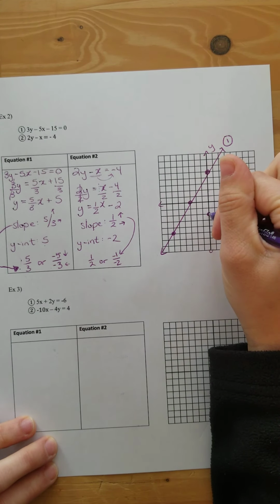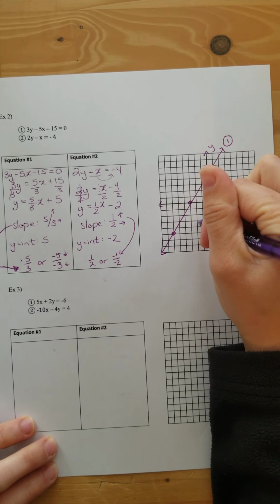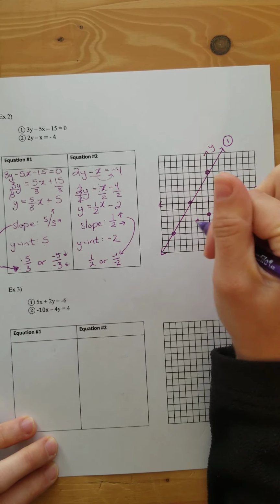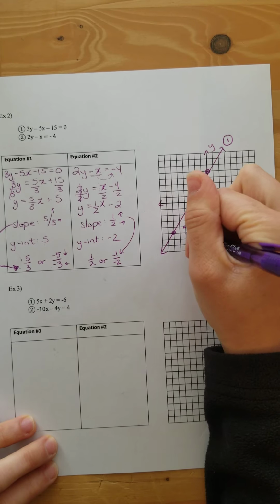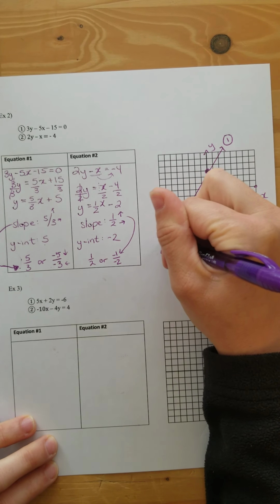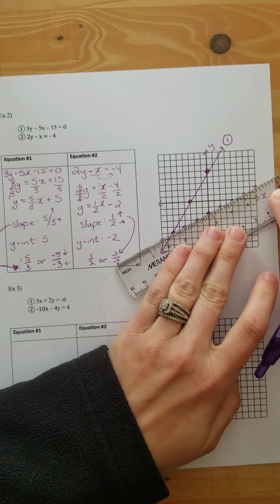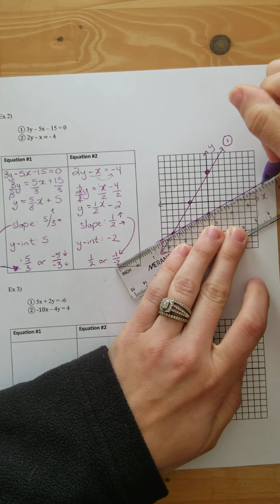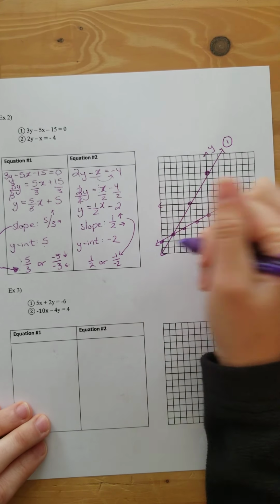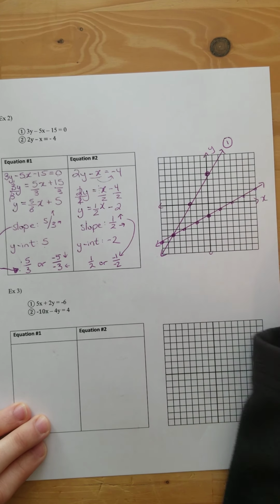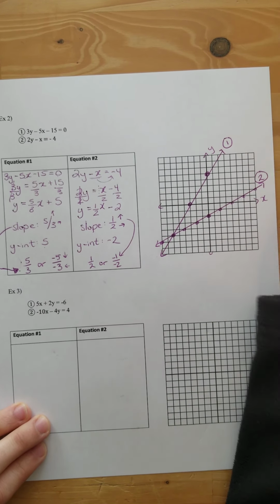So if I start here again and go down 1 to the left 2, and down 1 to the left 2, and down 1 to the left 2, and down 1 to the left 2, and then I connect all of my dots, I can see that these 2 lines cross, and that's ultimately what we want. Okay, so remember to always go in either direction if needed.